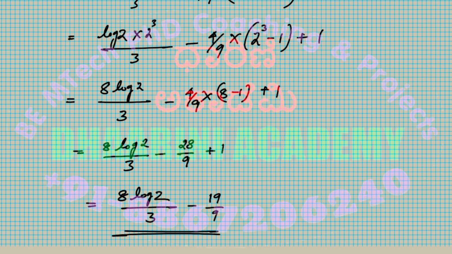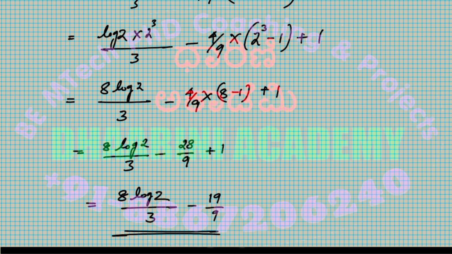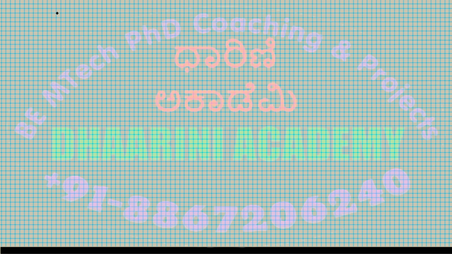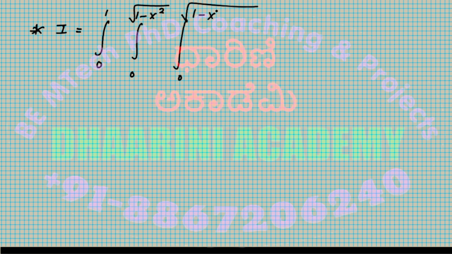Okay. The next question here is, solve. I is equal to, this is 0 to 1, 0 to root of 1 minus x square, 0 to root of 1 minus x square minus y square.